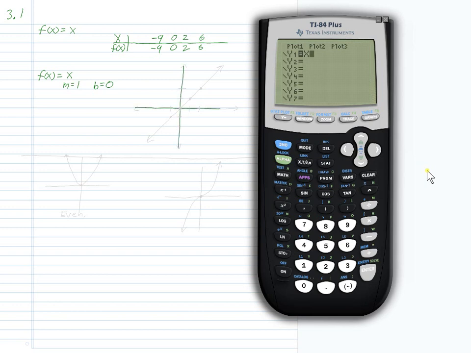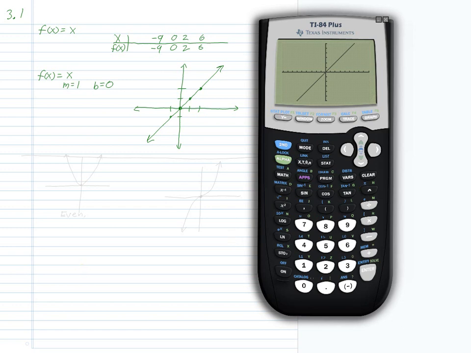You can come up with it either using a table or by recognizing that we're just talking about a very simple line. We plot 0, 0, 1, 1, 2, 2, negative 1, negative 1, and so on. Here we have our slope of 1 and our y-intercept of 0. So that is our identity function.